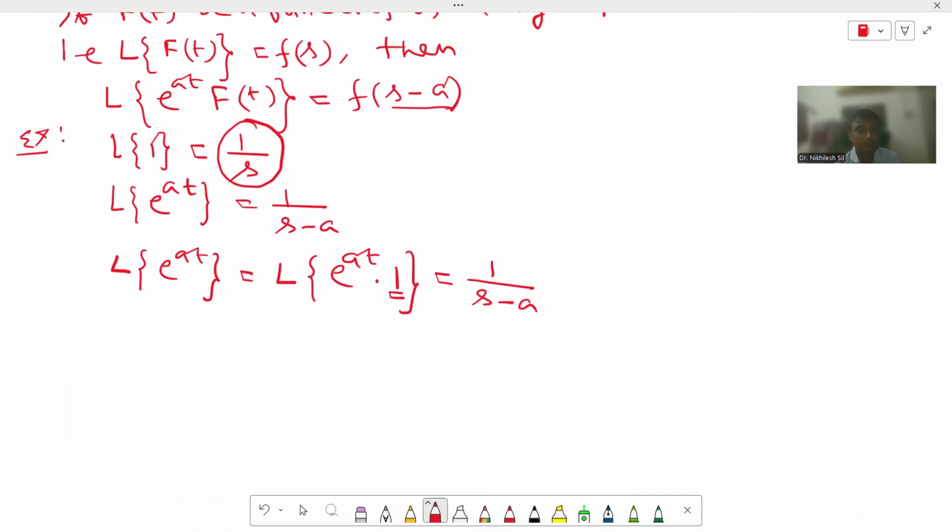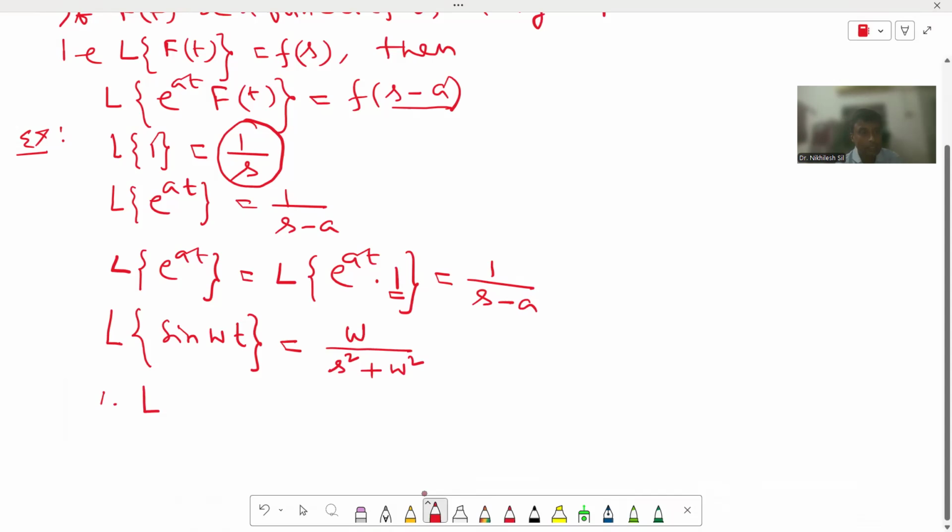Now similarly, what is Laplace of sin omega t? This is equal to omega divided by s square plus omega square. Therefore, Laplace of e to the power at sin omega t is equal to, in place of s, we will put s minus a.